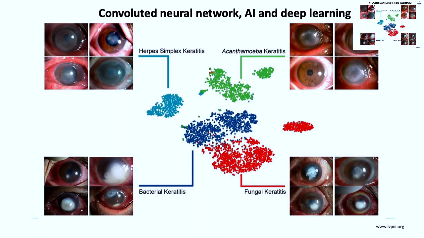Then what is coming, what is of interest, is the convolutional neural network, artificial intelligence, machine learning. This is something exciting and new that is happening in microbial keratitis. Different groups are studying this, and there are 3 components to this. First, find an artificial intelligence system.